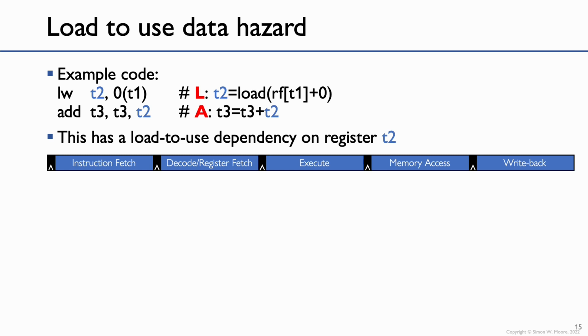Here I've just abstracted it to a very simple example where we've got a load word that loads a value and puts it into register T2, and then we're going to add that value to T3. So we've obviously got a load-to-use dependency on register T2.